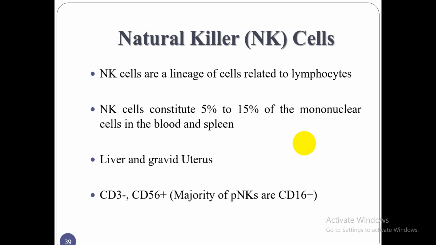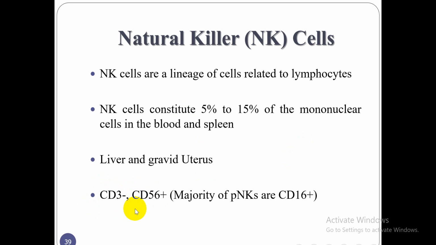They are abundant in some tissues like liver and gravid uterus, and they do not express CD3 on their surface, so they are CD3 negative. You know that CD3 is the marker of T cells, but instead they have CD56 on their surface.